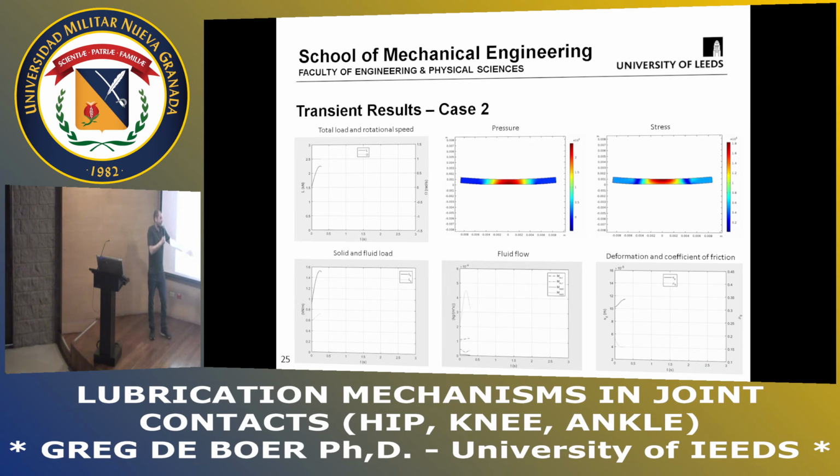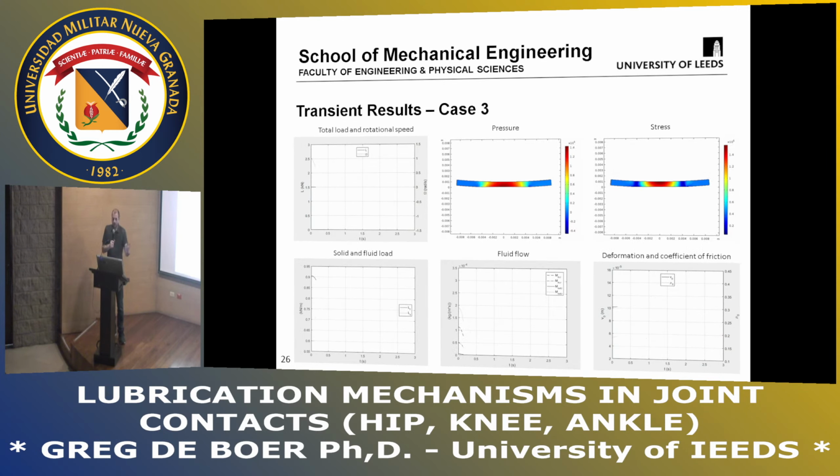And that's also useful for looking at, say, the friction coefficient in that bottom right diagram. So again, this is where we have the load sinusoidal and the speed constant. Case 3, this is where we have the speed changing for a constant load.